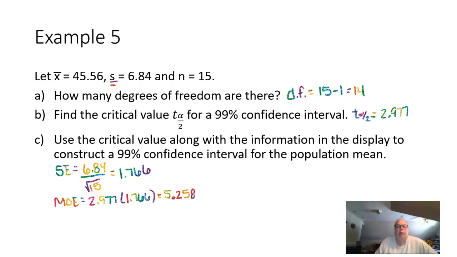Okay. All right, the confidence interval, remember we're going to take our mean, 45.56, and we want to add that margin of error. And then we're going to take the mean, and we are going to subtract the margin of error there.